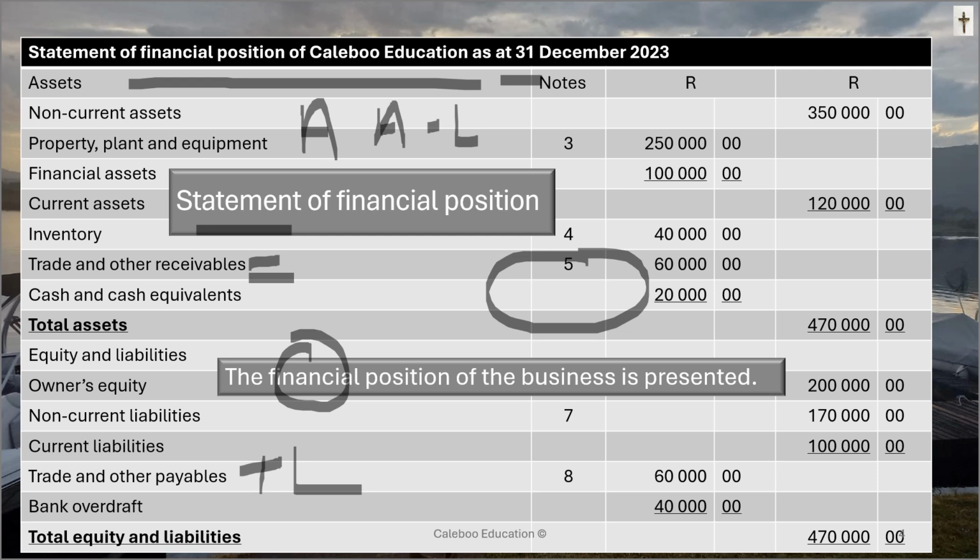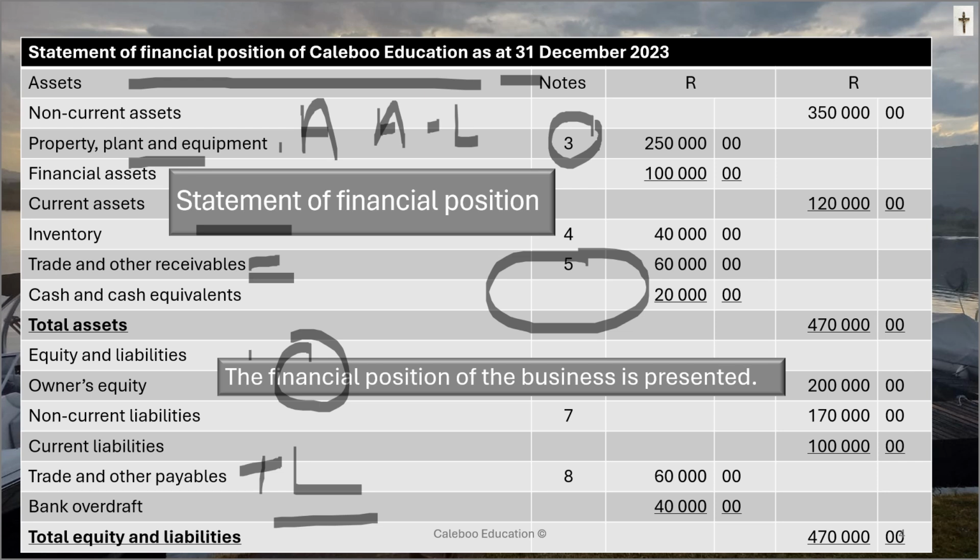So all your balance sheet accounts are going to be presented on this document. So we have assets, owner's equity, and liabilities. Now some of these accounts are summarized in notes. For example, property, plant, and equipment.